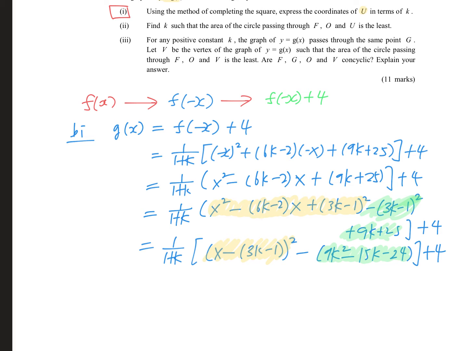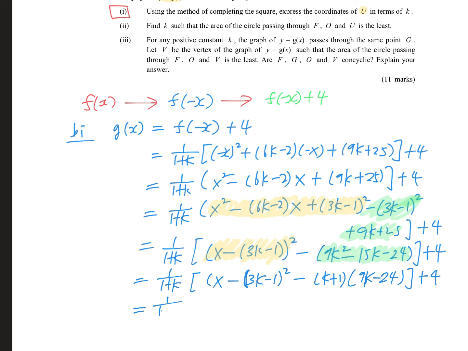And then after that, for the green part, we try to do the factorization. So that will be (k plus 1) and then (9k minus 24). And then the k plus 1 finally can cancel.